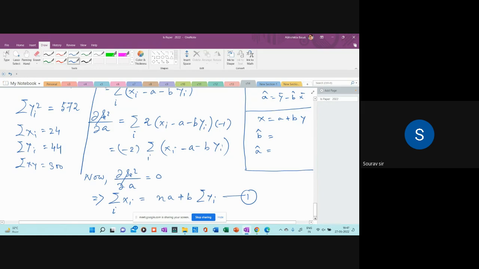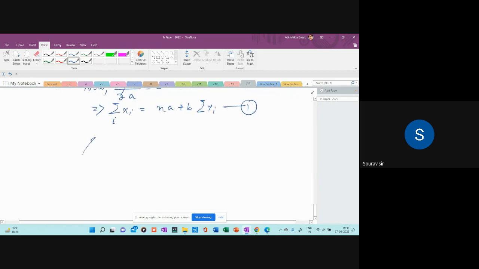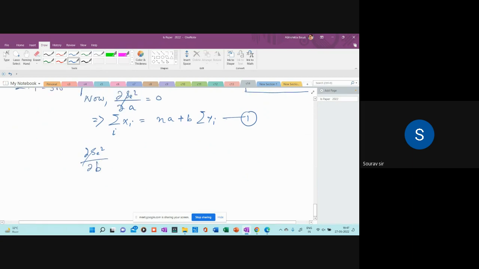Okay, now let's move on to equation 2. Del SE square by del b actually gives you summation over i of (xi minus a minus b into yi) into minus yi.